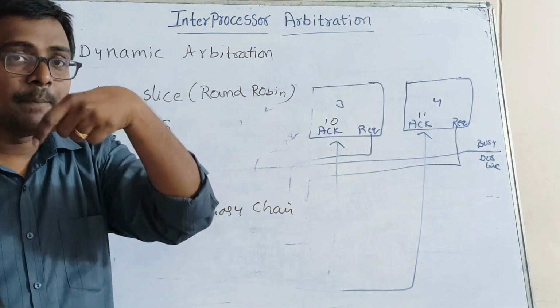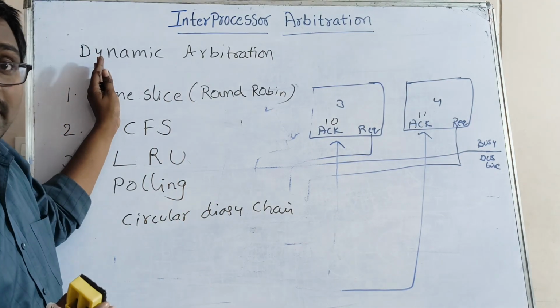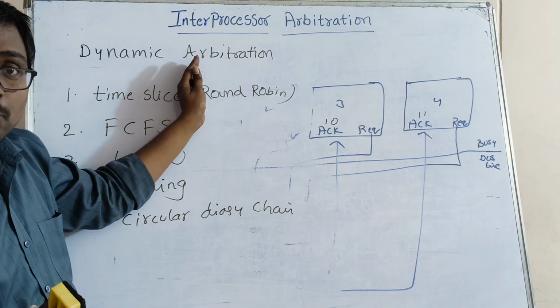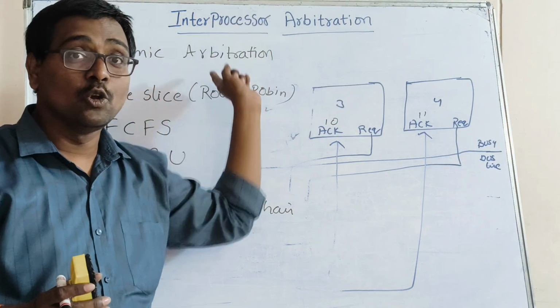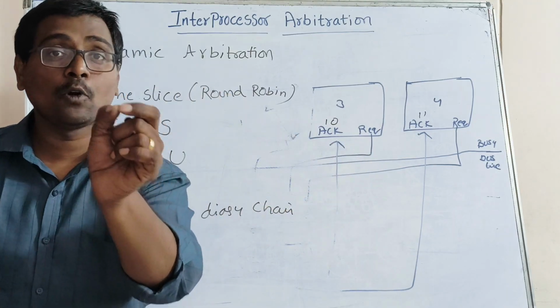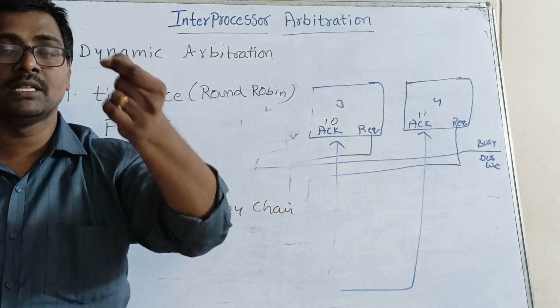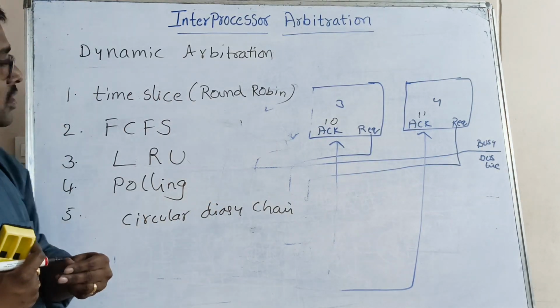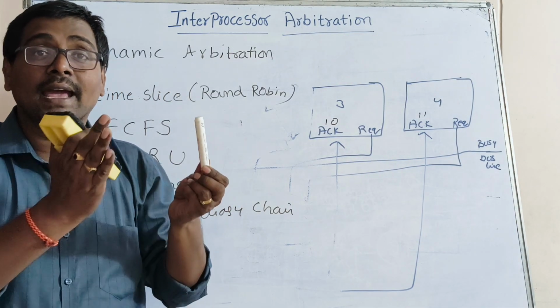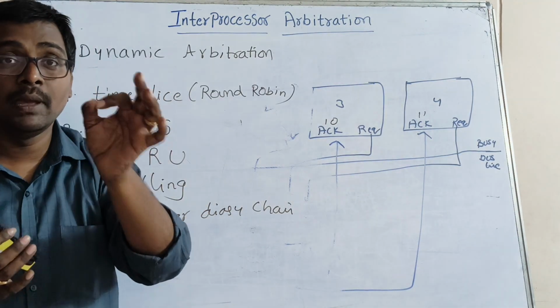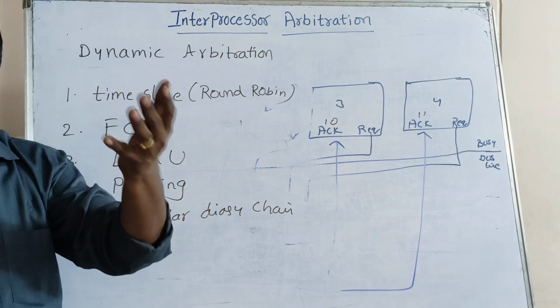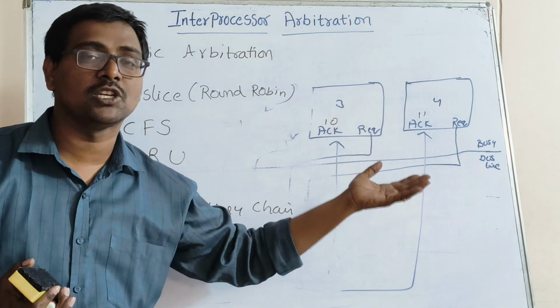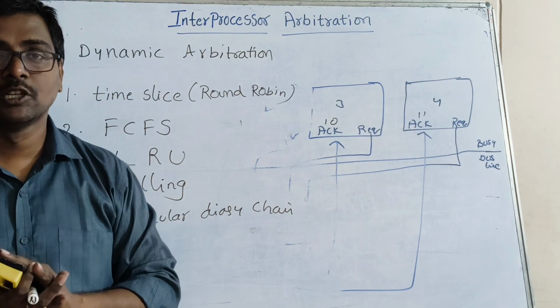You got it? In the previous one, the first is the highest priority, the second is the next priority. But if it is in a circular fashion, once a processor uses the bus, it comes under low priority. In all these situations, we are allocating dynamic priority. So it overcomes the problem of starvation faced by fixed priority.